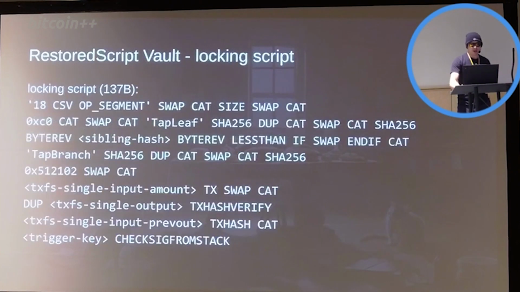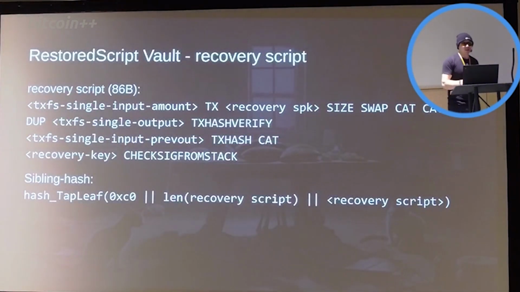One thing about the way these scripts are written is that they look only at a single input or a single output at a time, which means that when you're unvaulting, all of the funds, 100%, must go from here to there to prevent any kind of fee theft. That means you have to add fees separately. So you have to have a separate hot wallet that you add an input and an output from to do fees for this, or you need TX sponsors, or you need something else to get fees into this. This design does not cover the fees within the protocol.